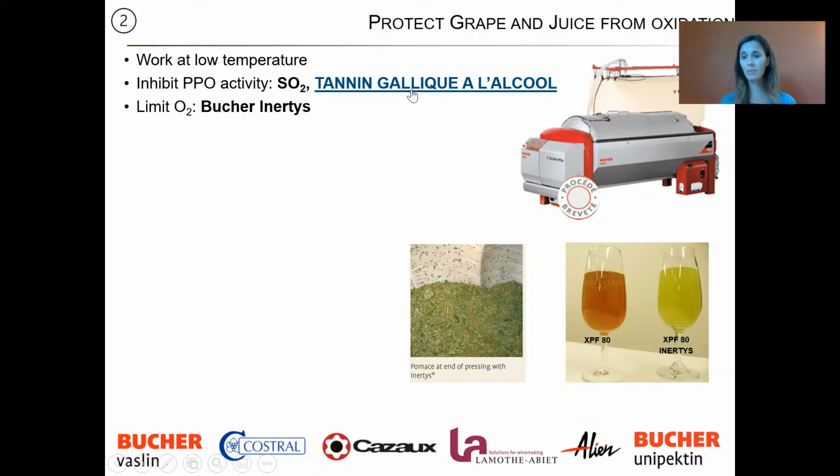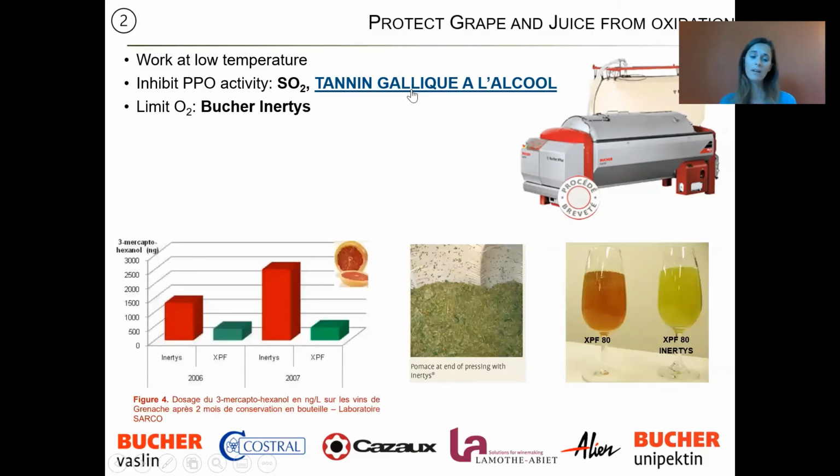These differences can be found as well in wine. As you can see on your screen, this is the result of 2 years in a row, a trial where we compare classic press versus Bucher Inertis. That's in a rosé. And the result of the wine 2 months after bottling.